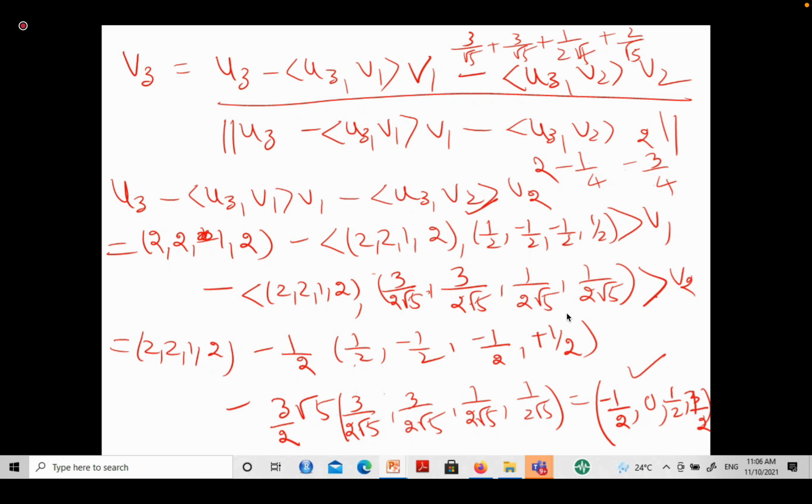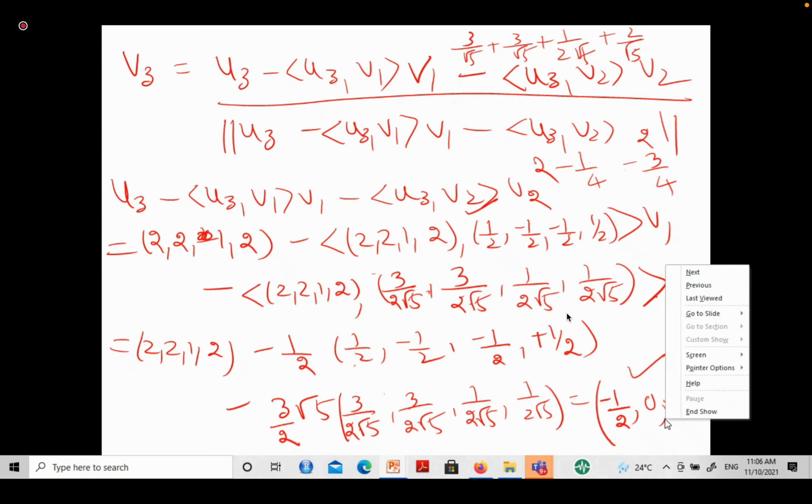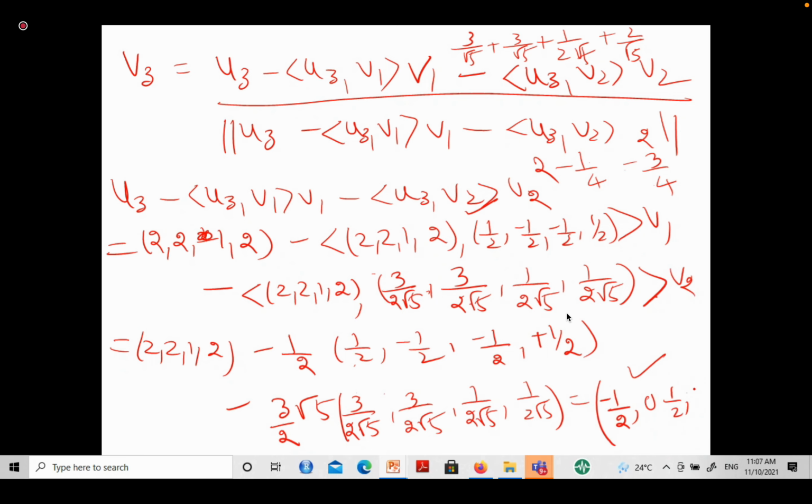No, ma'am, it should be 1 only. Oh, we have not divided this by its modulus, right? We have just evaluated. We need to divide this by its modulus, right? Then only it becomes 1.